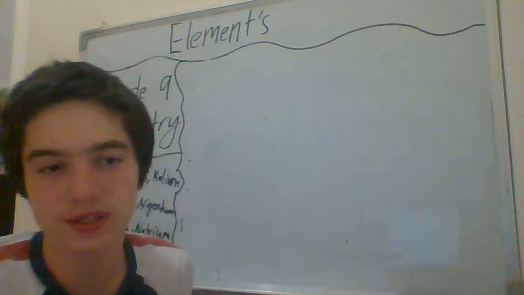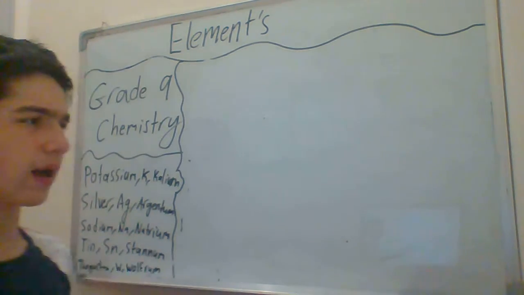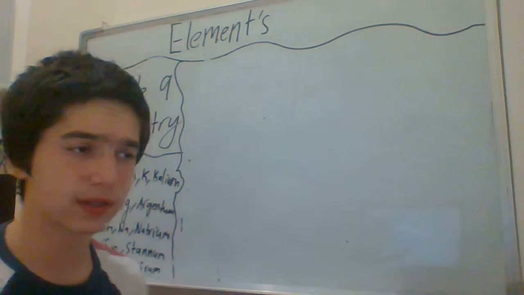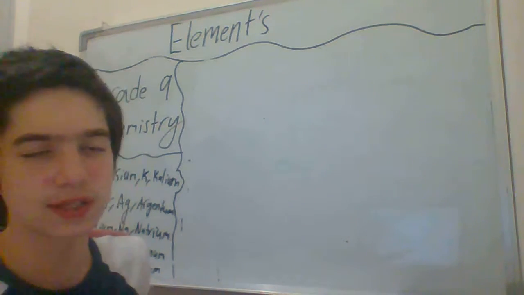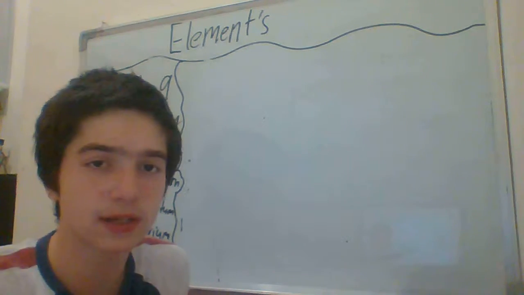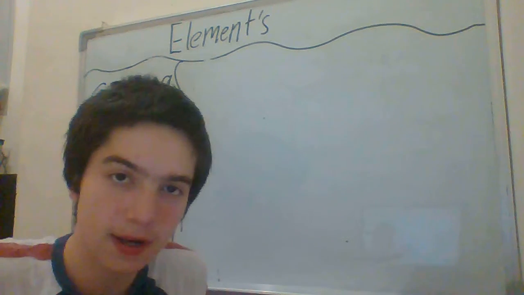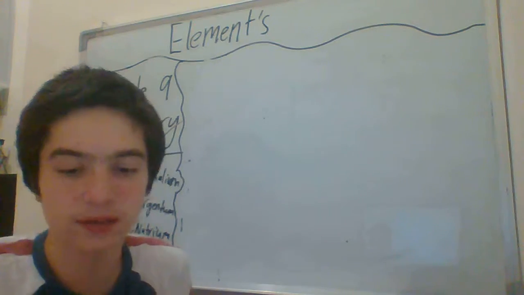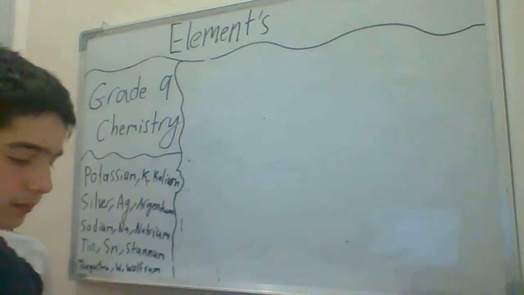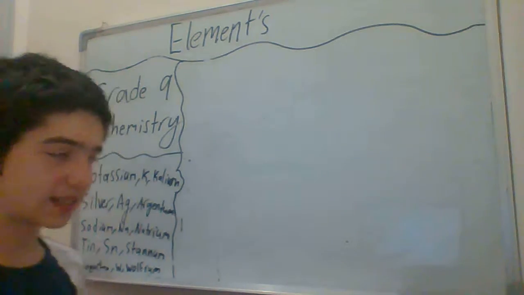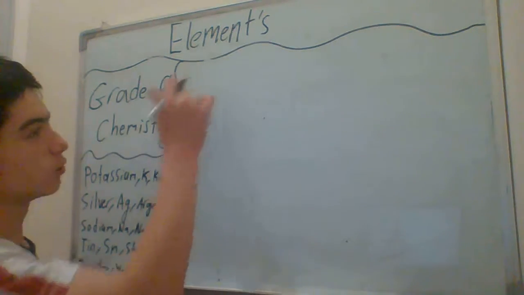Always remember that every group has the same number of valence electrons. So if they ask you in a quiz how the elements in a group are similar, you can say first, they have the same number of valence electrons. Second, they almost share the same chemical properties. Another thing you should know about groups is that whenever you go down in a group, the shell will always increase.